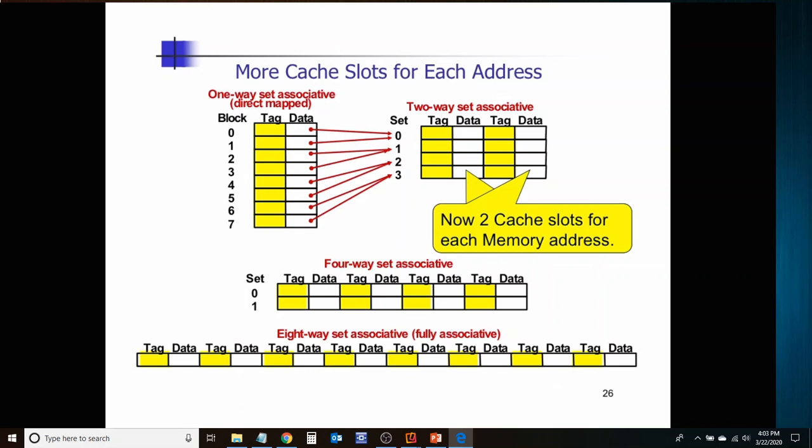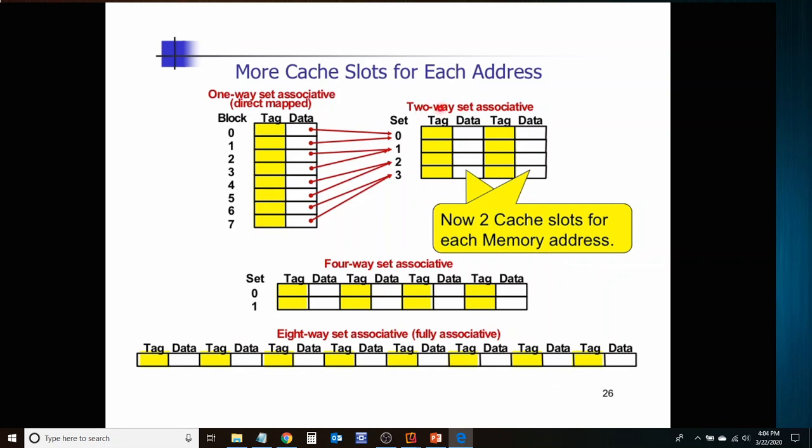There are two other approaches that are shown over here. These two approaches are the in-between approaches, called the set-associative approach, where each block maps to a unique set of possible locations in the cache. This is essentially used to limit the search to this set of locations. So for example, over here we have a cache in which we have 8 blocks that could now become a two-way set associative cache, in which we have 4 sets, and at each set you have 2 cache slots for each memory address.